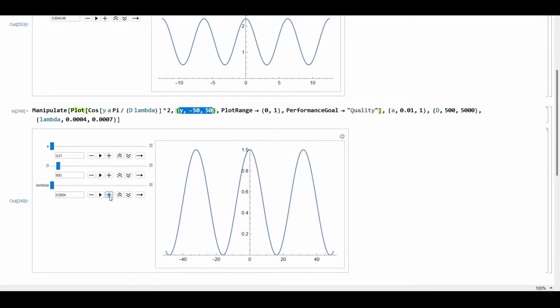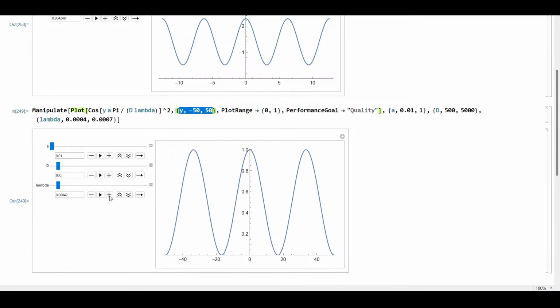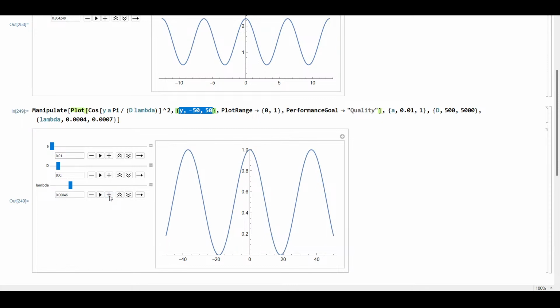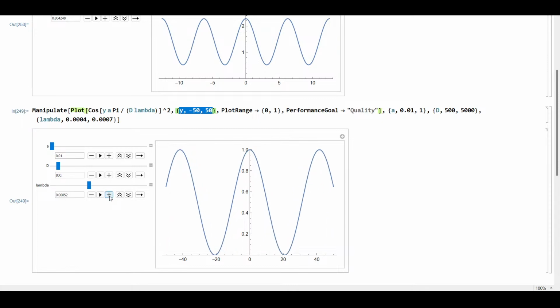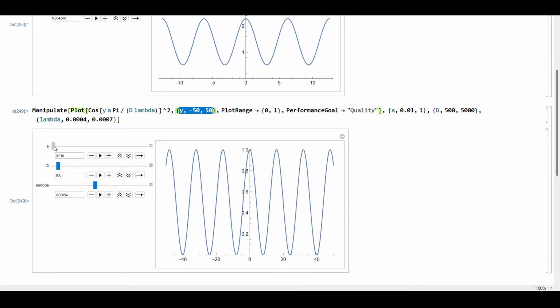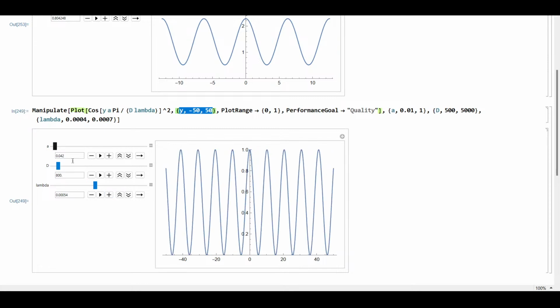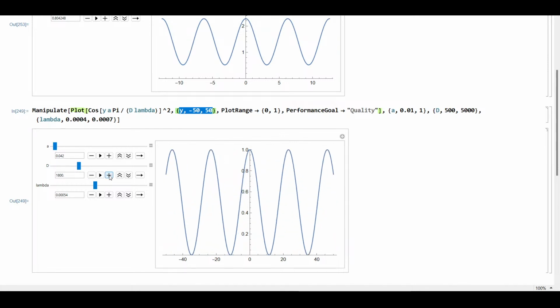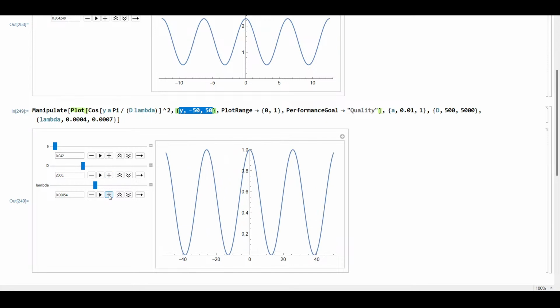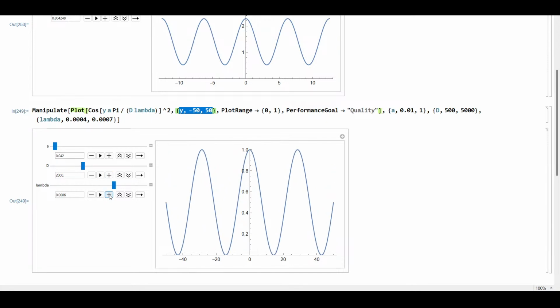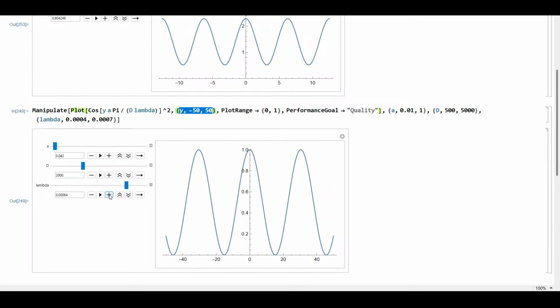Now if I increase the wavelength, again my fringe width increases. So this is the variation. If I increase the slit separation, fringe width will decrease, I'll see more fringes. Increase the distance to the screen, fringe width increases, fewer fringes. Increase the wavelength, fringe width increases. So again, fewer fringes.